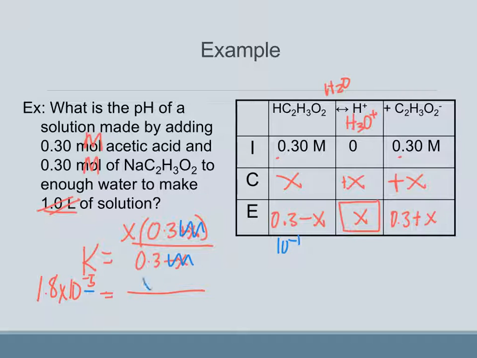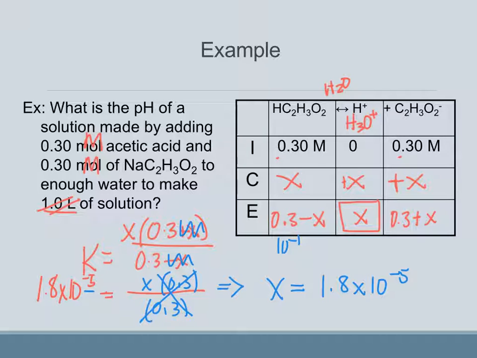So we are left with x over 0.3, and on the bottom we have 0.3. If we simplify this problem, we can see that these 0.3's cancel, and so x equals 1.8 times 10 to the negative 5.